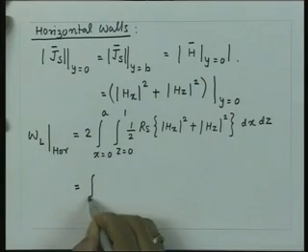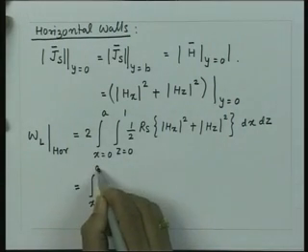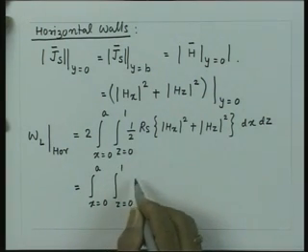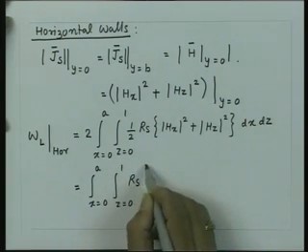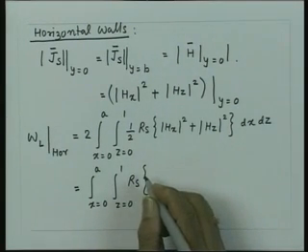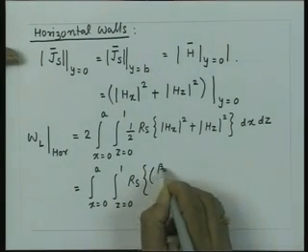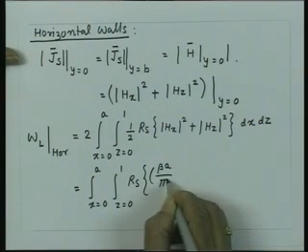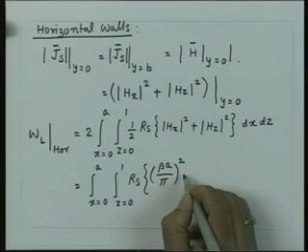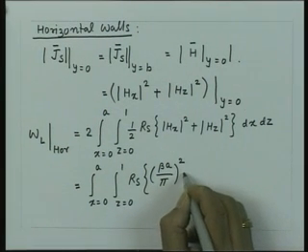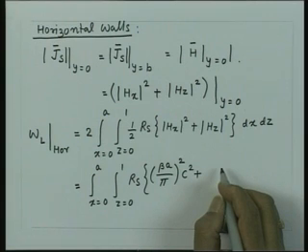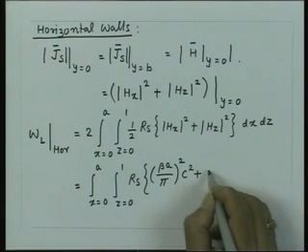This half will cancel with 2. So, this will be x equal to 0 to a, z equal to 0 to 1, Rs times (beta a upon pi) whole square |C|^2 plus |C|^2.